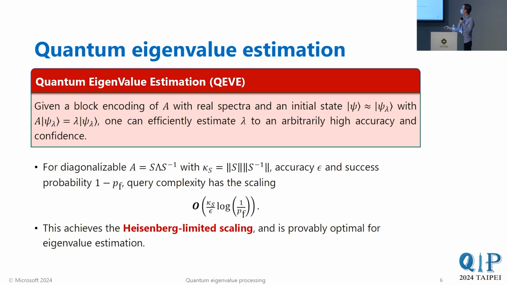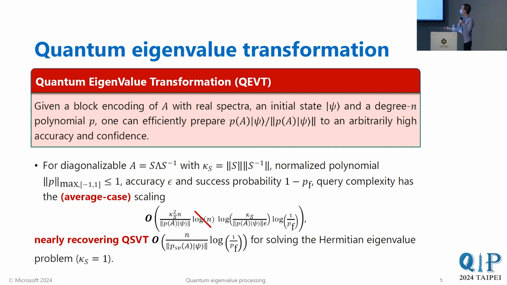Right. So at a high level, if we ignore how these two algorithms work, the performance of this QEVT will nearly recover the performance of QSVT for Hermitian input. So if you run this QEVT algorithm for the Hermitian input, you can nearly recover the performance of the QSVT.